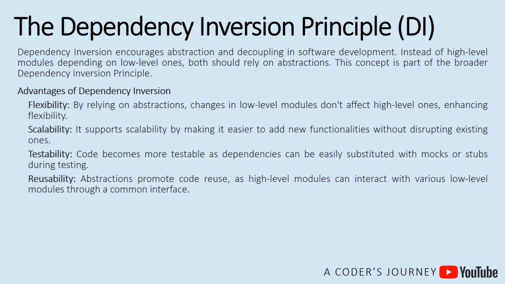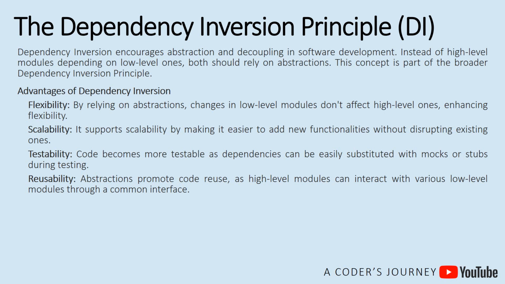The last one, reusability. Abstractions promote code reuse, as high-level modules can interact with various low-level modules through a common interface. So as I told you before, when your high-level modules are dependent on abstractions, if you want to introduce a new dependency, all you need to do is to follow OCP, the open-closed principle: make a new class which implements that abstraction, that interface.